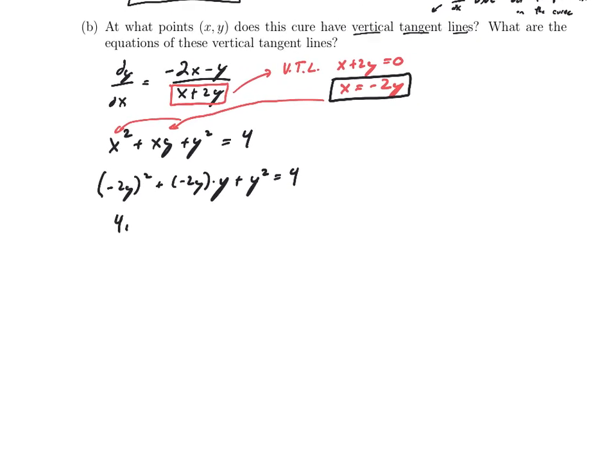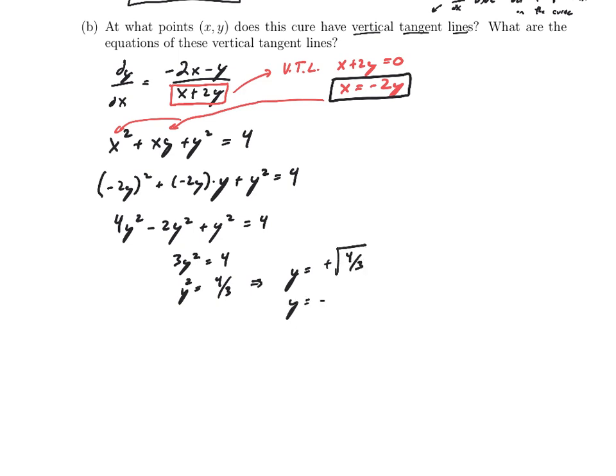So I get 4y squared minus 2y squared plus y squared is equal to 4. On this side, I get 3y squared equal to 4. So y squared is 4 over 3, which means that y is equal to either positive or negative the square root of 4/3. And of course, that simplifies down to 2 over the square root of 3, and this simplifies down to negative 2 over the square root of 3.